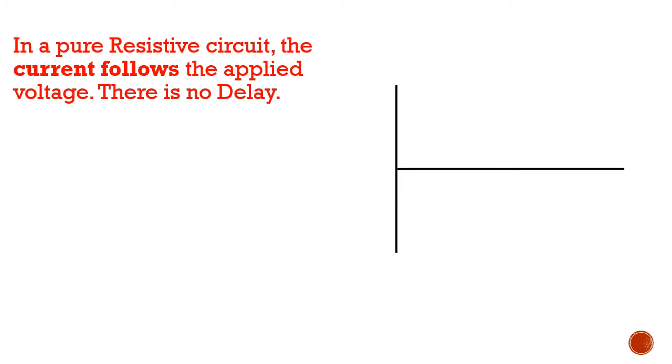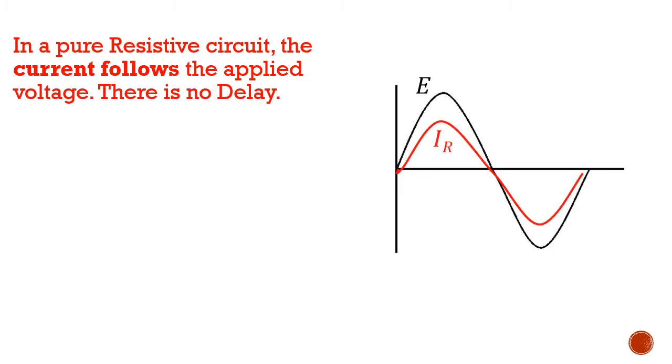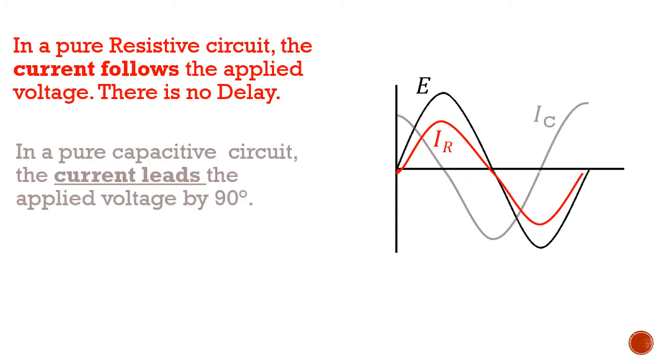When we have a purely resistive circuit, the current follows the voltage, so there is no phase angle or delay between the current and the voltage. Because capacitors store voltage, there's already voltage out in the circuit, and because of this, the current leads the voltage by 90 degrees.